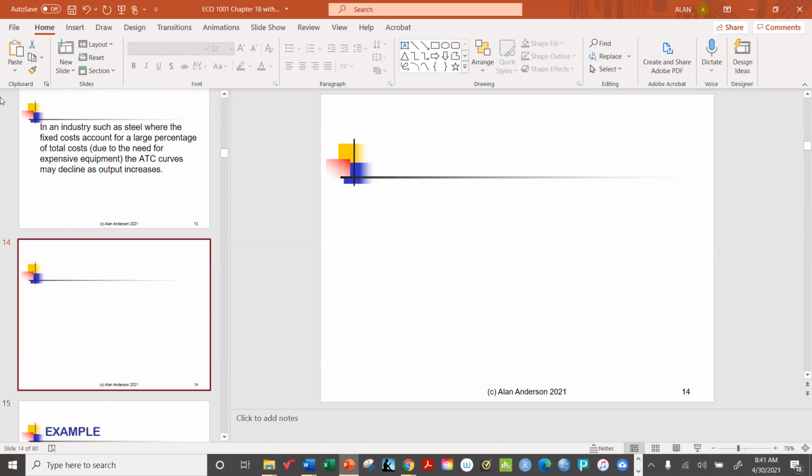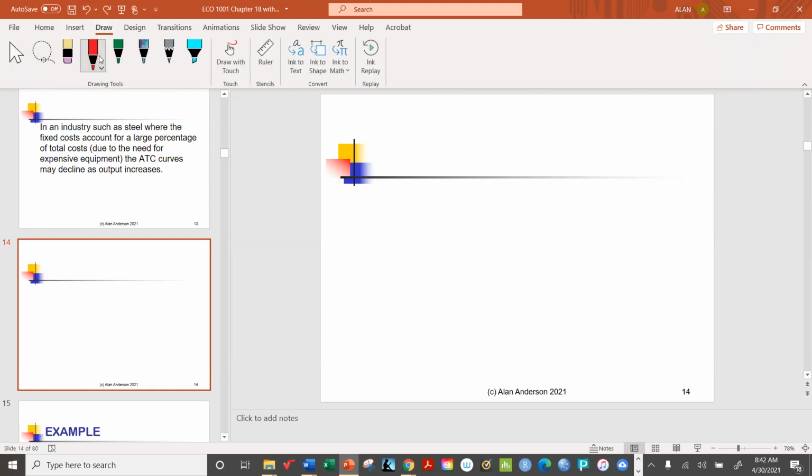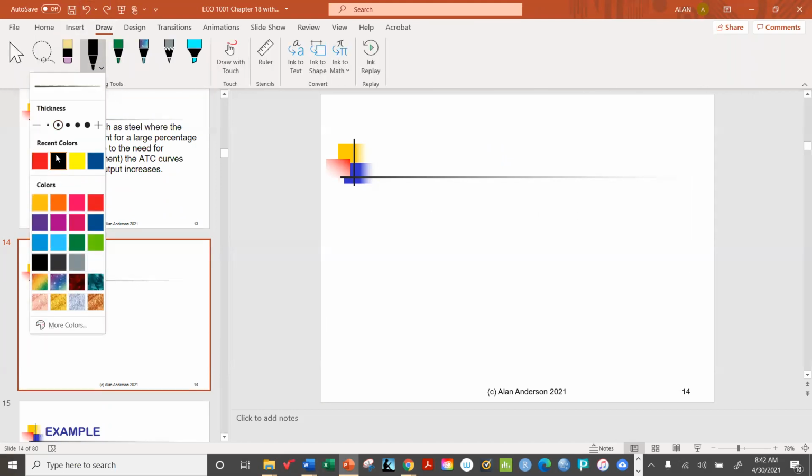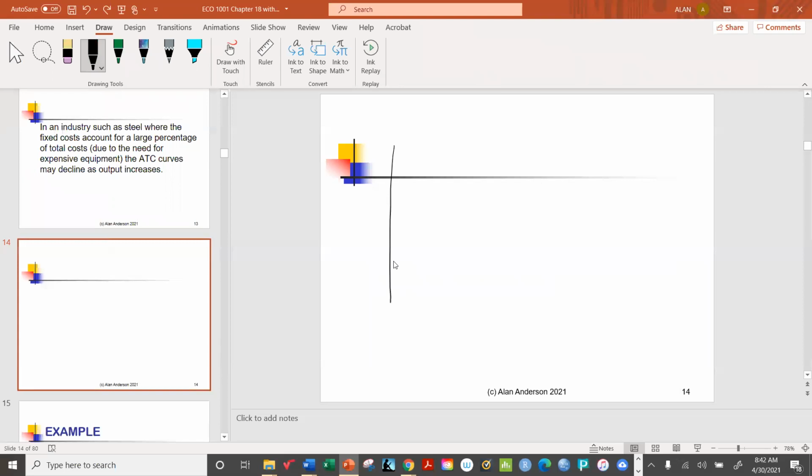So in other words, I'm deciding which steel mill to build. Okay, I've got all the options on the table. I can build whatever I want. And so I discover that if I keep getting bigger, because I have so many fixed costs, getting bigger means that I can spread those costs around a larger number of units of output.